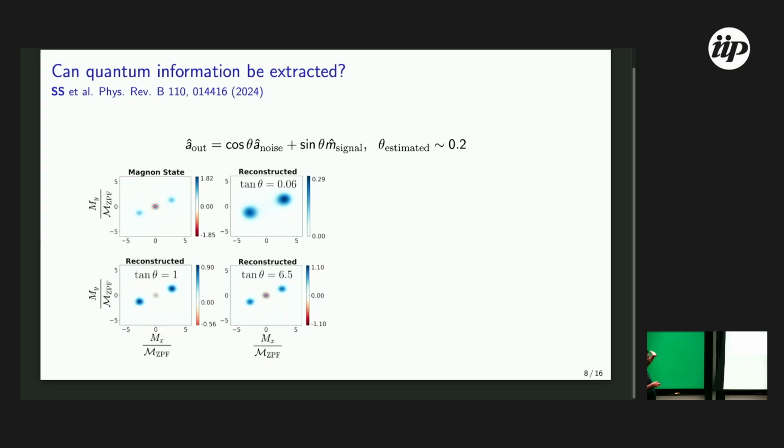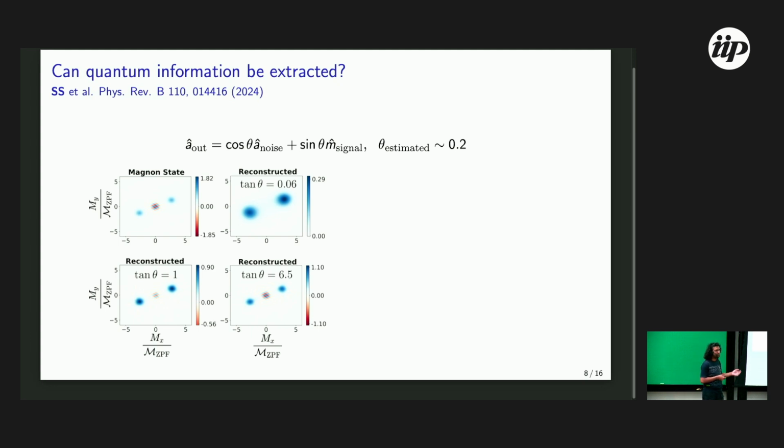So again, now there's a lot of theory about this. What I previously showed you was just the output coming from an input photon, and now there's a part of the theory which I'm not explaining in this talk, but I just want to flash out that we can use this equation and then use some data analysis on the output photons to try to figure out the density matrix of the magnon.